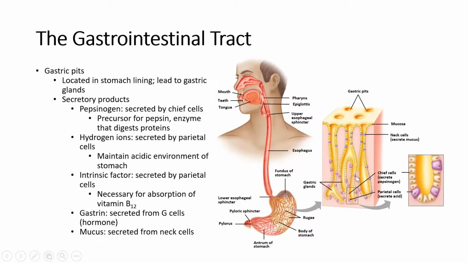We can talk about the pit down here, and we can talk about the neck of the gland, and these are where the mucus cells are found, and they secrete mucus into the stomach surface, and that mucus is helping to lubricate the stomach, but also helping to protect the underlying layers of the stomach lining from the harsh acidity of the gastric contents. Okay, so kind of protecting the underlying tissues from the harshness of the acid in the stomach.